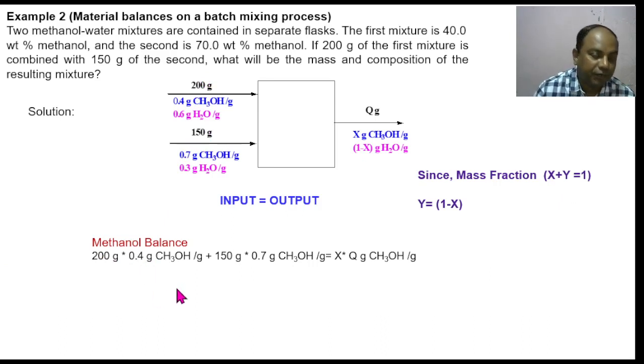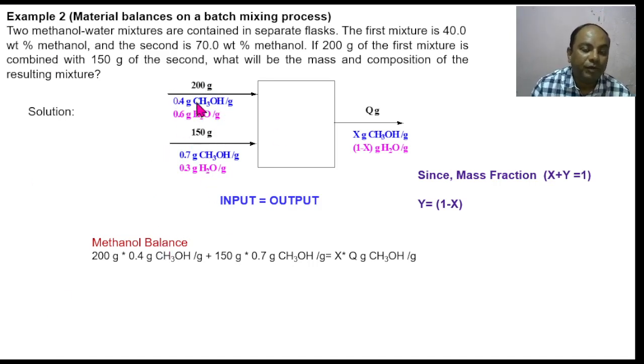You know that there is one equation: mass fraction is equal to the mass of that constituent divided by the total mass of the stream. The total mass of the mixture in the first flask is 200 gram. We just want to calculate the mass of that particular constituent, that is methanol.